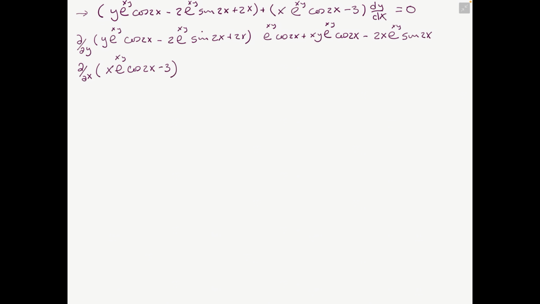All right, so that's the differential for that term.